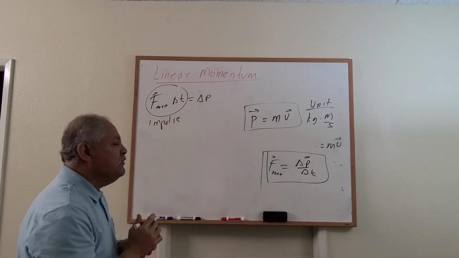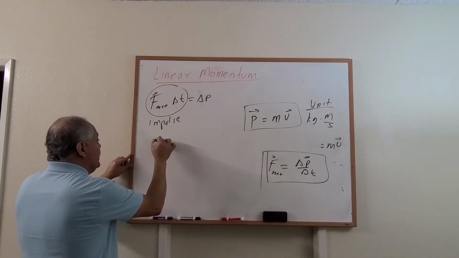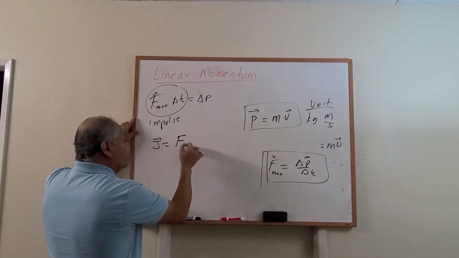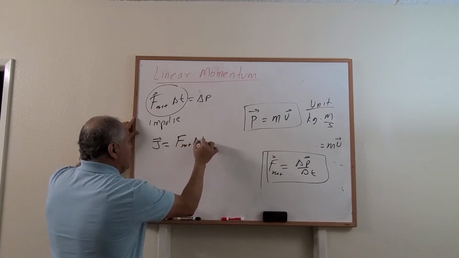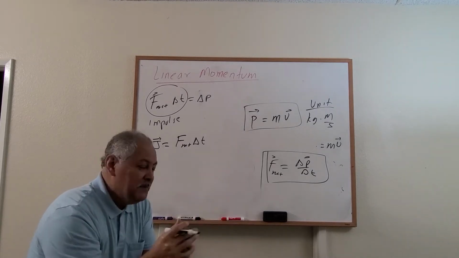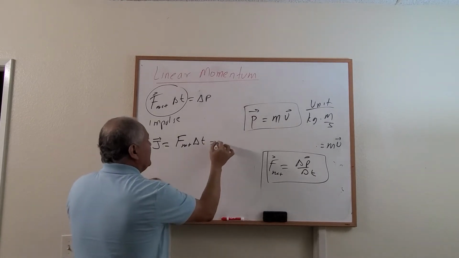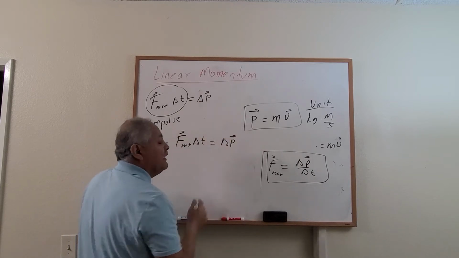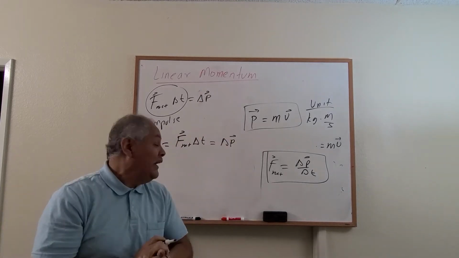One of the symbols is J. Impulse is equal to the net force times the time elapsed, and also we can say this is equal to the change in momentum. Okay, great.